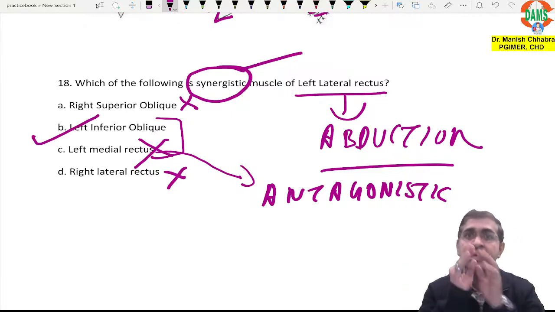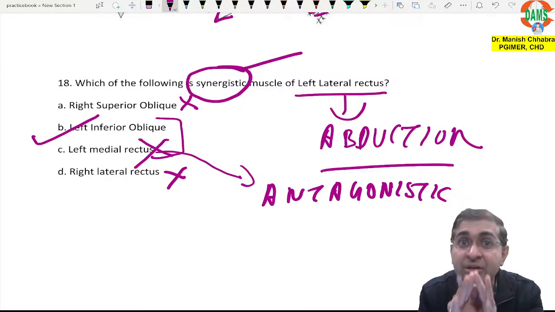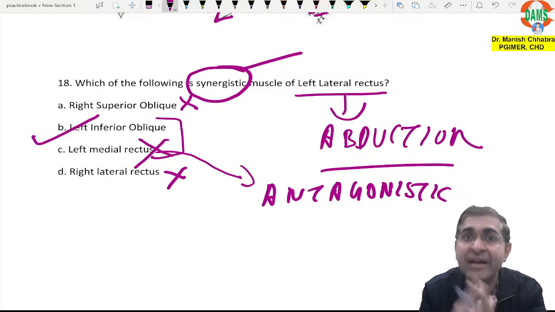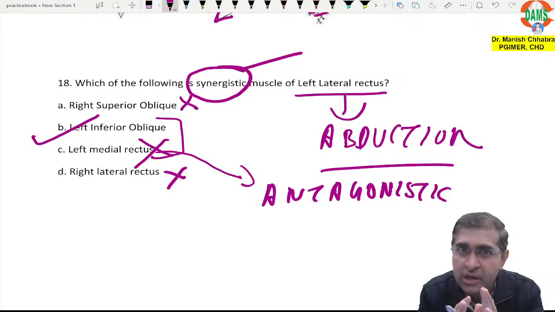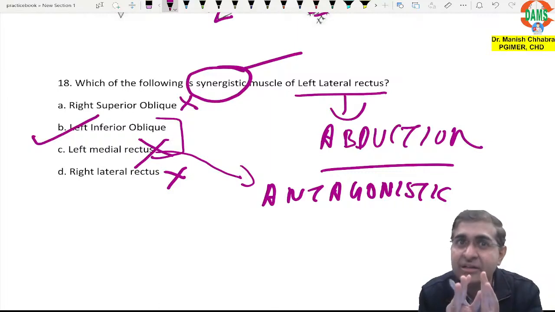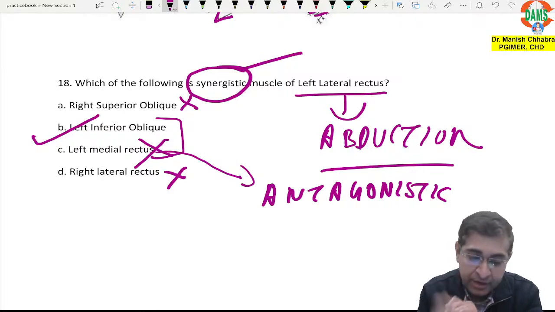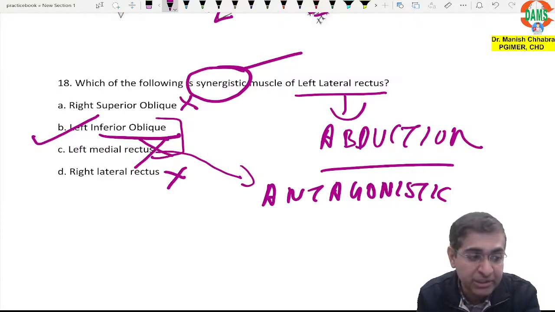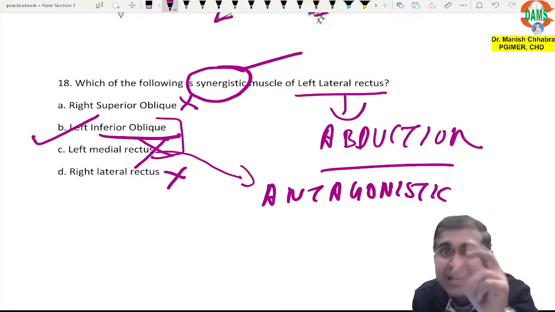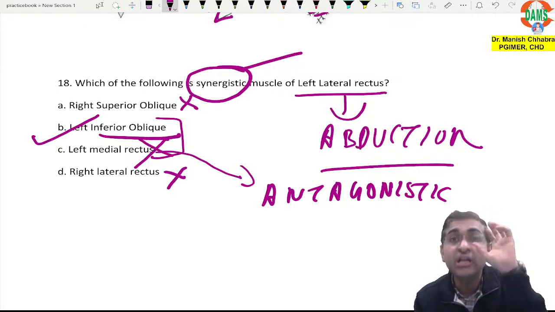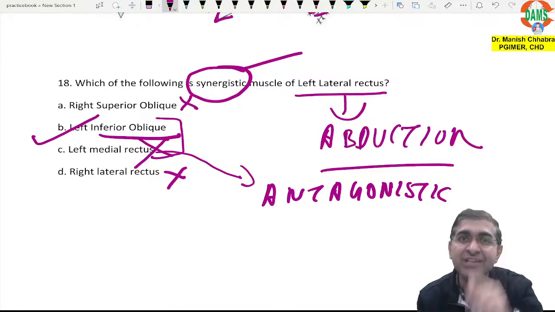Otherwise, obliques are abductors, recti are adductors. So, left lateral rectus causes abduction of the left eye, and we are talking of the inferior oblique. So obliques are abductors. That means the inferior oblique also causes a little bit of abduction.